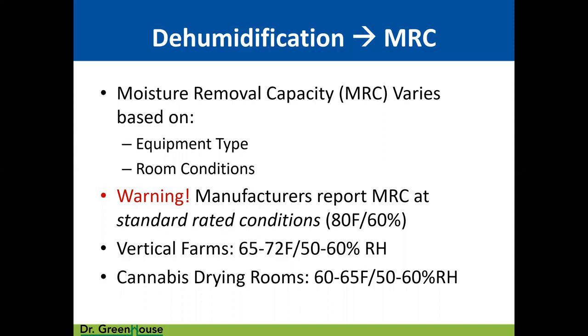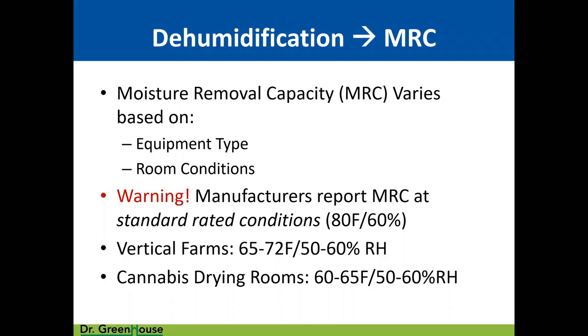Warning: manufacturers report the moisture removal capacity at standard rated conditions. And these standard rated conditions are 80 degrees and 60%. So anytime you Google a dehumidification piece of equipment, or you ask for a cut sheet from a manufacturer and it says we remove 205 pints per day, that number is based on these conditions, 80-60.